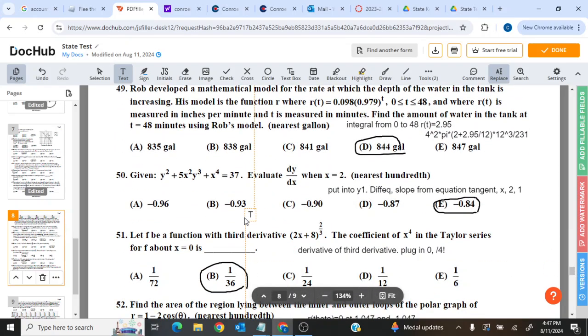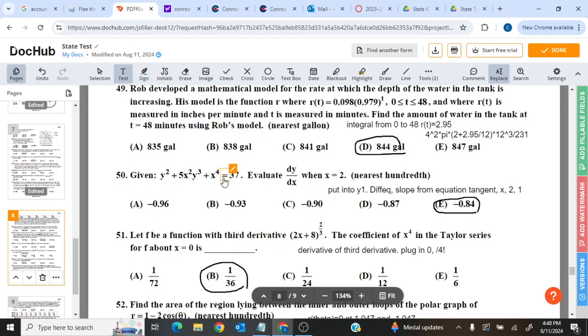Okay, given y squared plus 5x squared y cubed plus x to the fourth is equal to 37, find dy over dx when x is equal to 2. We have a program for this, and anytime you see a bunch of x's and y's in an equation, you can pretty much know to use it. Put the equation into y1, make sure you assign it equal to 0, so y squared plus 5x squared y cubed plus x to the power of 4 minus 37.